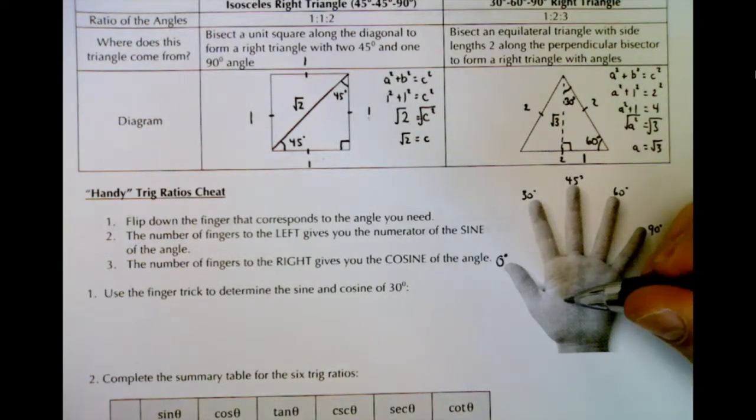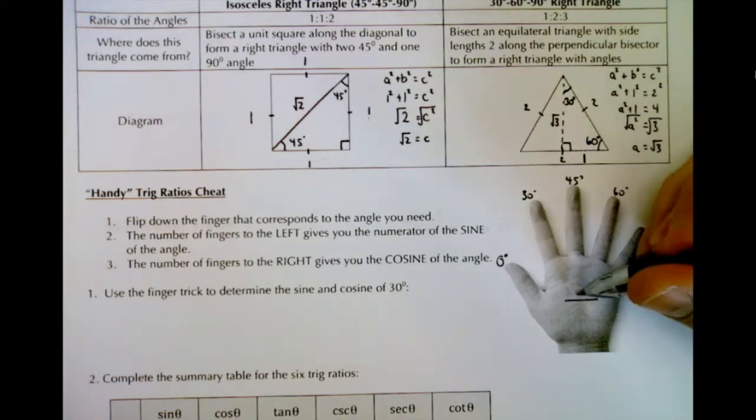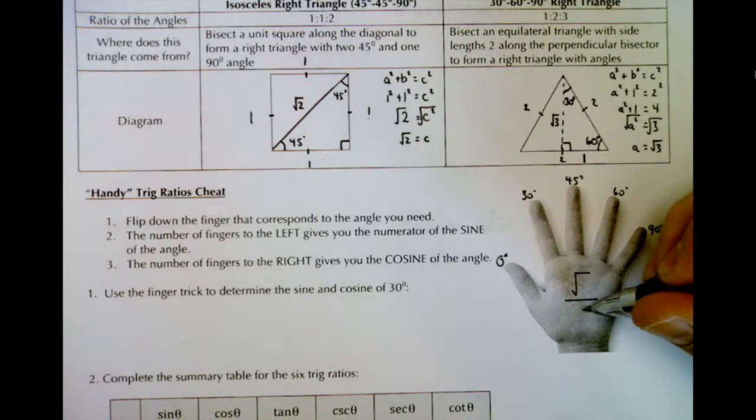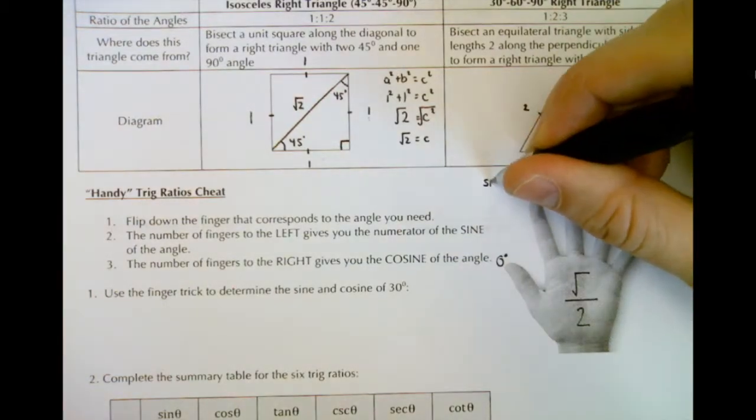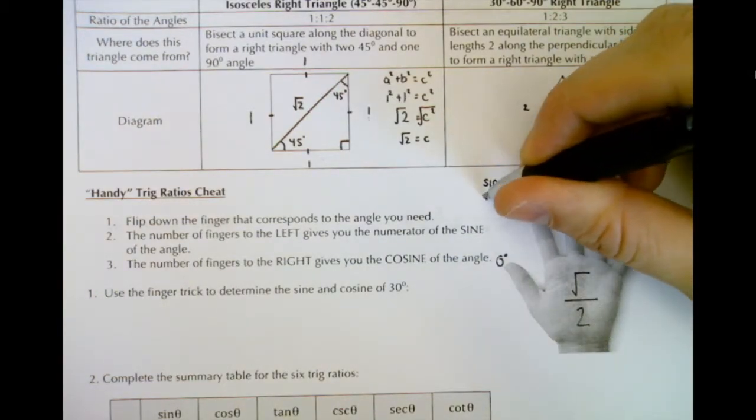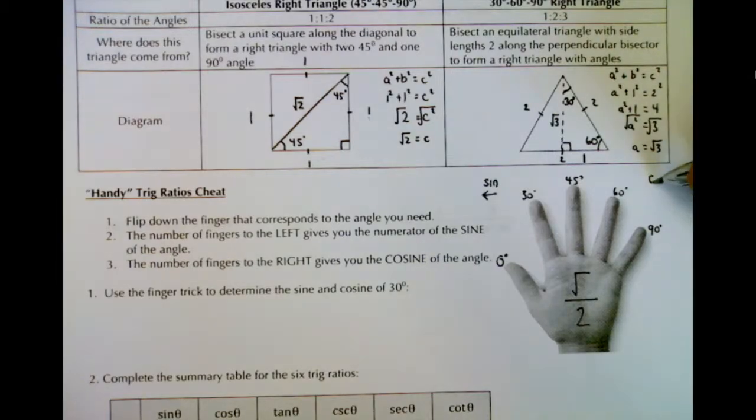On your palm, you write root over 2. Sine goes this way, cos goes this way.